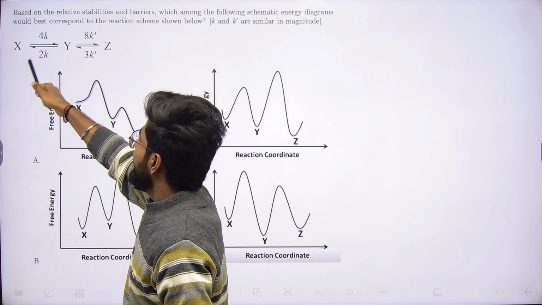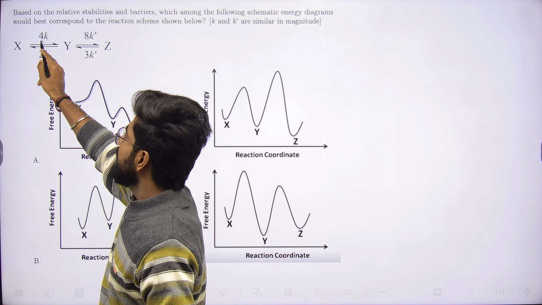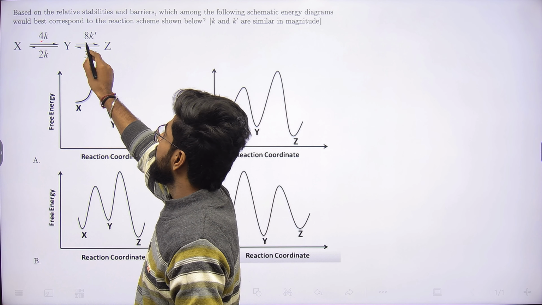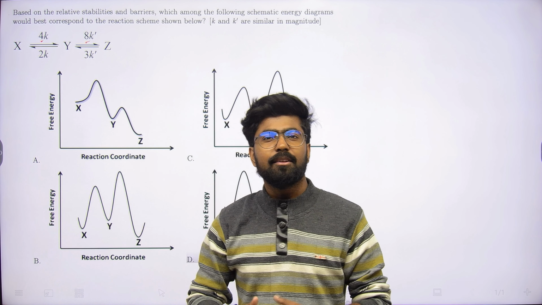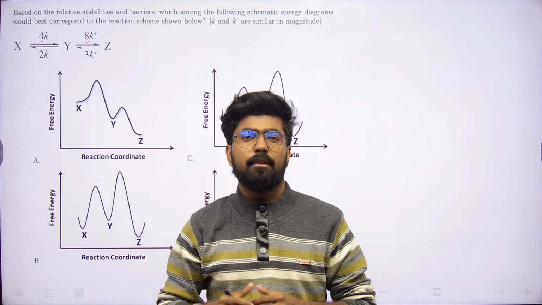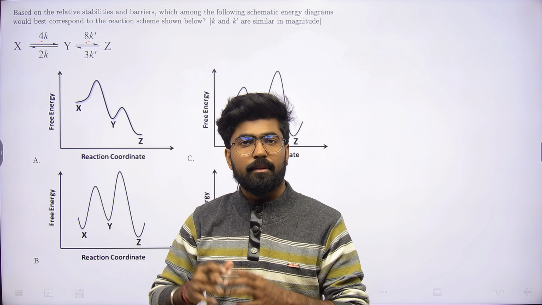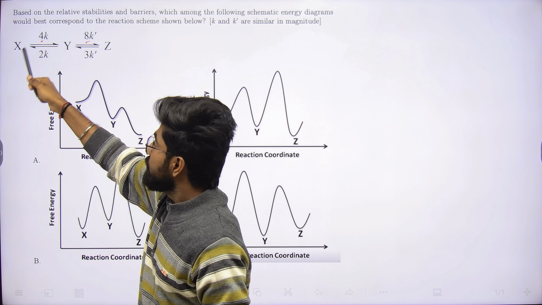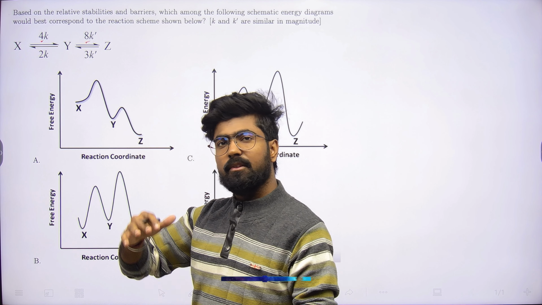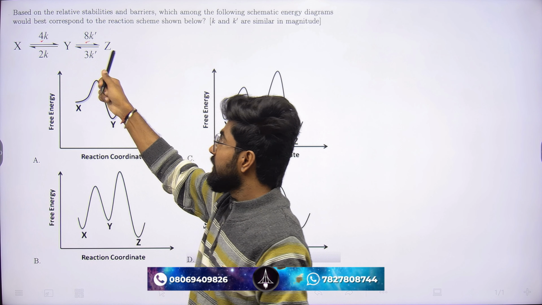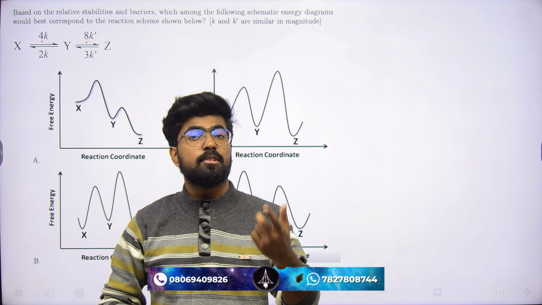See, X to Y, the forward reaction is 4 times the K and Y to Z is 8 times the K. What is the basic interpretation that you get from this type of consecutive reaction? It is that if X to Y is producing a stable product, then Y to Z is producing an even more stable product.